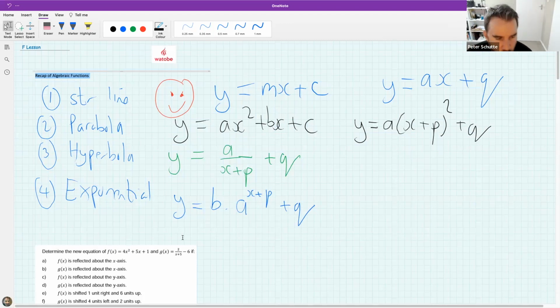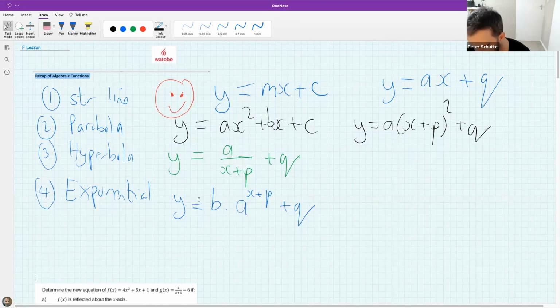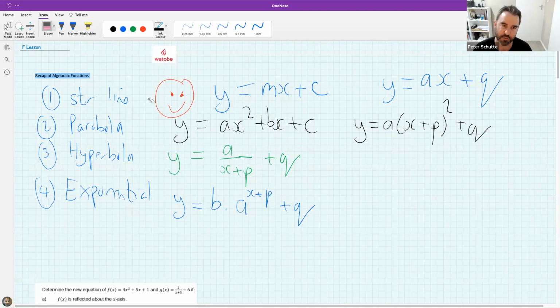Okay, so before we get going with the main things for today, I want us to just look at the standard forms of all these 4 algebraic functions that we're going to talk about. And what I want to ask you about initially is a couple of questions about characteristics.